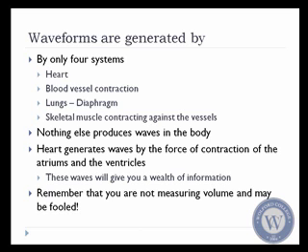Every once in a while, if somebody is very limited in their preload, when you give them a non-depolarizing muscle relaxant, you see an acute drop in pressure after that. There are 2 reasons that could be the case.